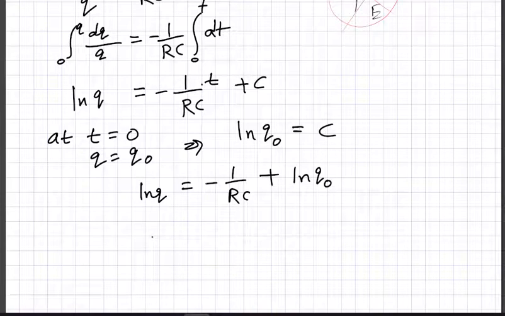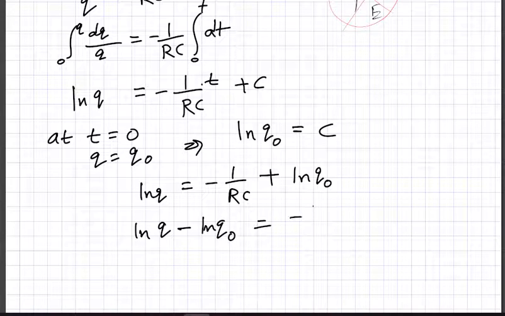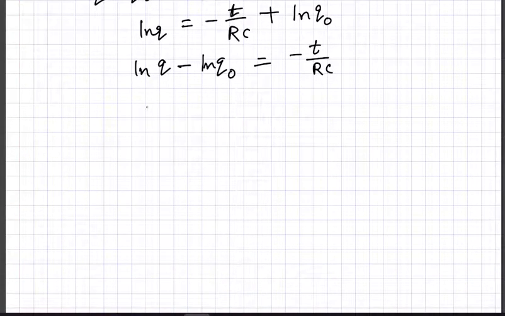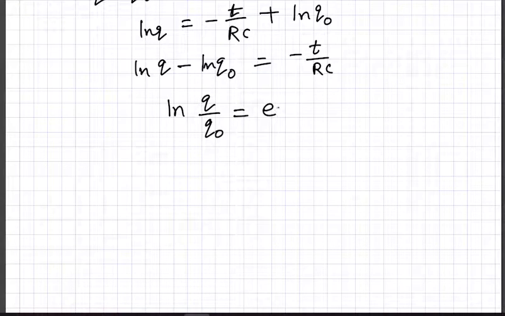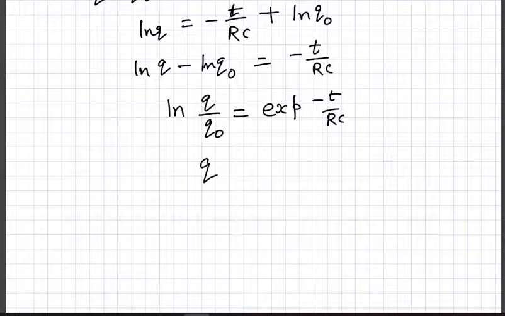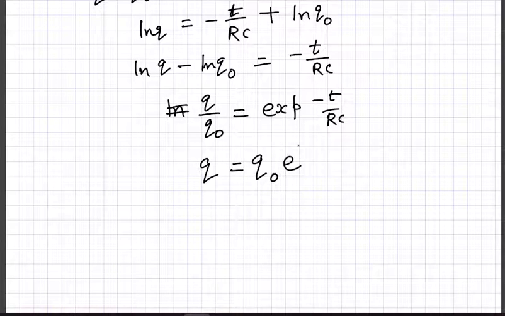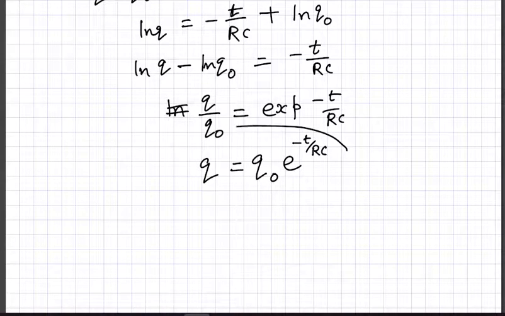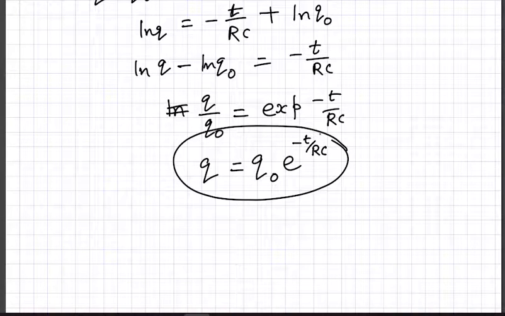Rearranging the terms, what you get is ln Q minus ln Q naught is equal to minus t by RC, sorry, there was t, I forgot that. So ln Q by Q naught is equal to minus t by RC, or Q is equal to Q naught into e to the power minus t by RC. So that is the equation we have obtained for the decay of the charge.